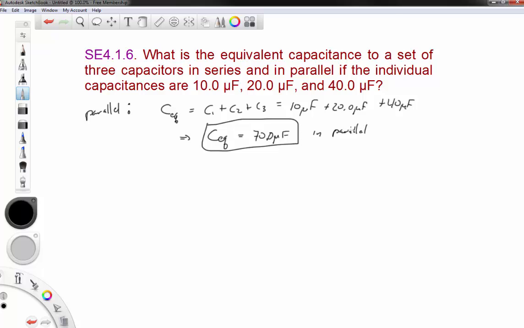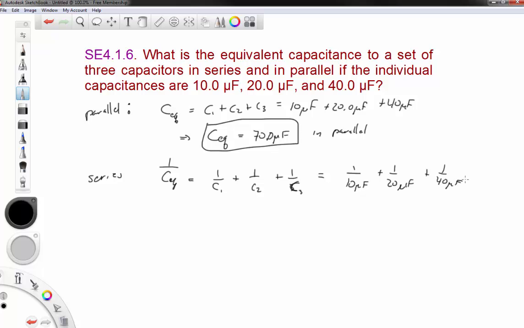What about in series? If they're in series, then 1 over the equivalent is 1 over the first plus 1 over the second plus 1 over the third. And so that is going to look like 1 over 10 microfarads plus 1 over 20 microfarads plus 1 over 40 microfarads.